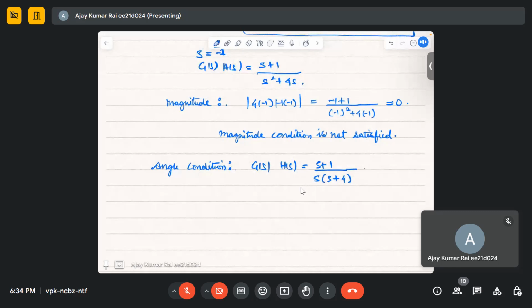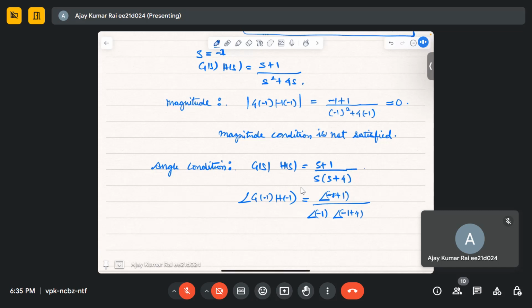If you try to find the magnitude, let's first put s equal to minus 1. What is the magnitude for this? Minus 1 plus 1, the angle of minus 1, and the angle of minus 1 plus 4. We're trying to find the magnitude, right?